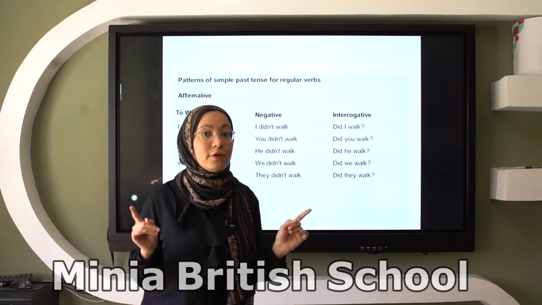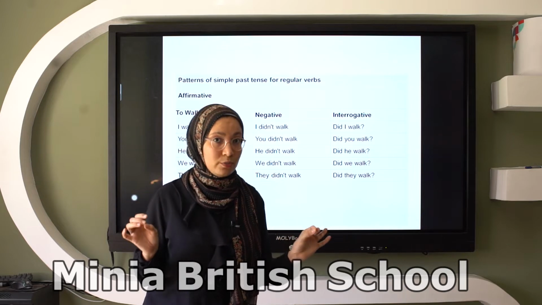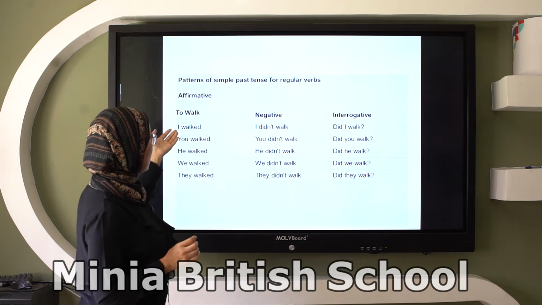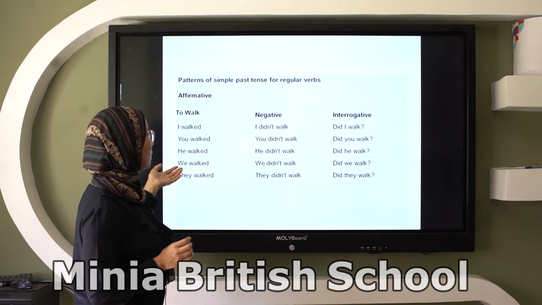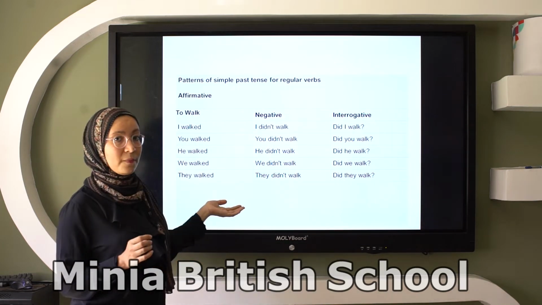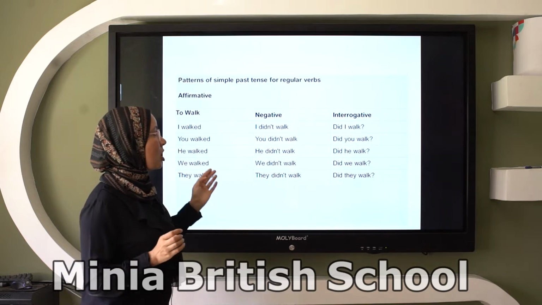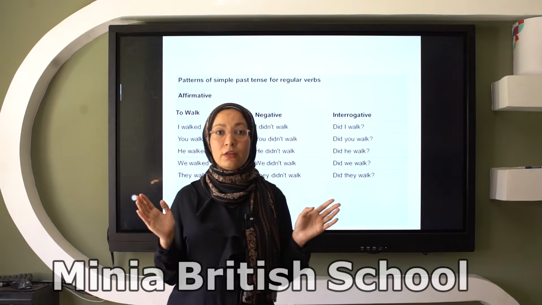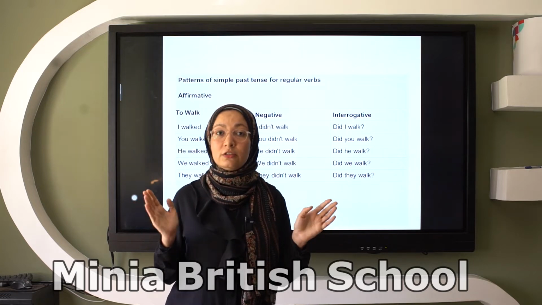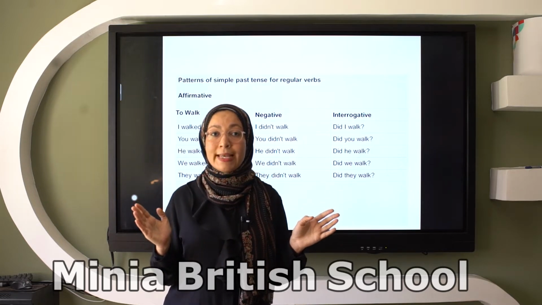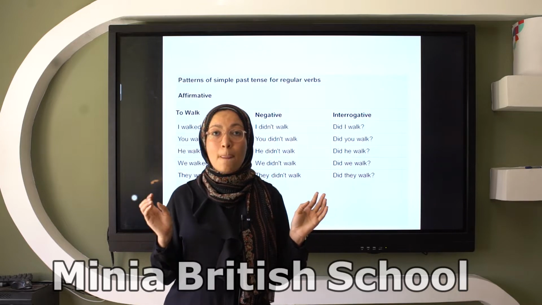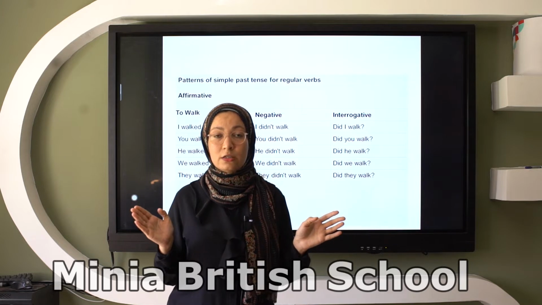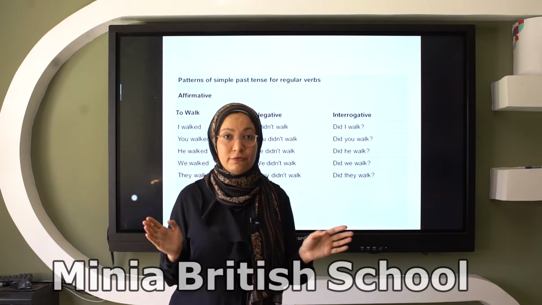Of course, if the verb is a regular verb, like walk and talk. So I walked, you walked, he walked, we walked, they walked. And for the negative form, I just use didn't before the main verb, and after didn't, I put the verb in its infinitive form, because didn't is an auxiliary verb.